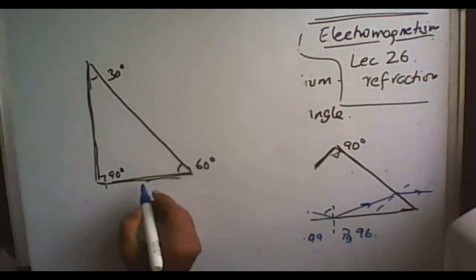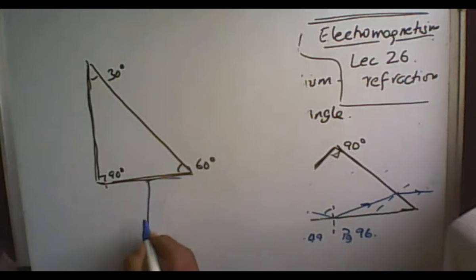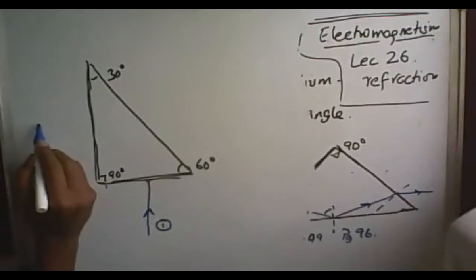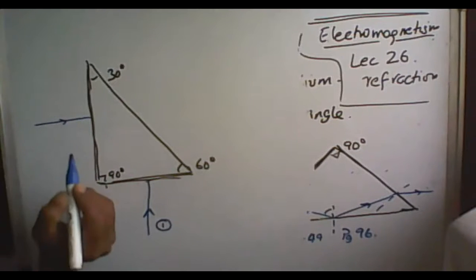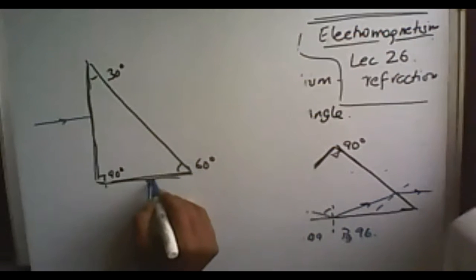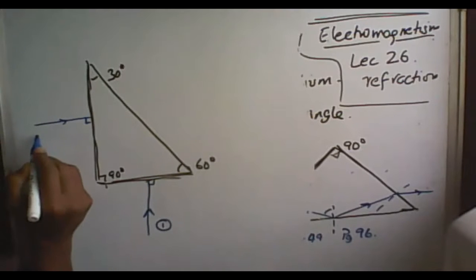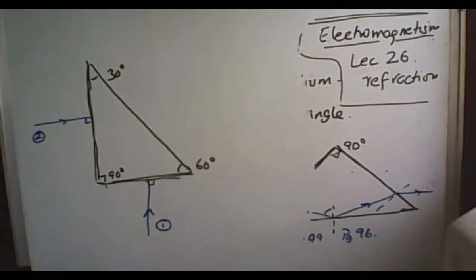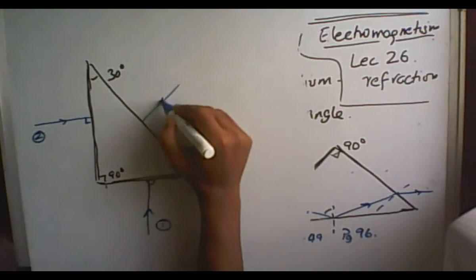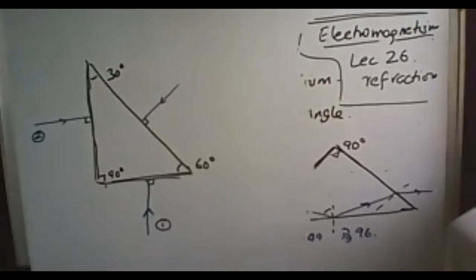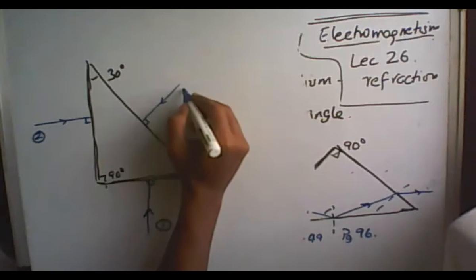You could have an incident ray which is incident to the base like this. This is one scenario. You could have an incident ray which is perpendicular to this surface over here. This is another scenario, and of course you can also have a ray which is incident on the hypotenuse. This is the third scenario.